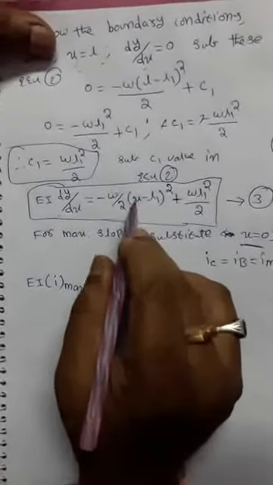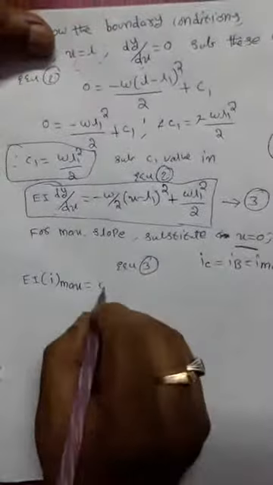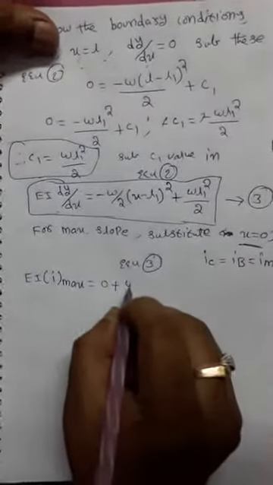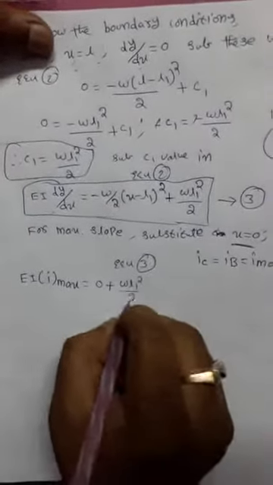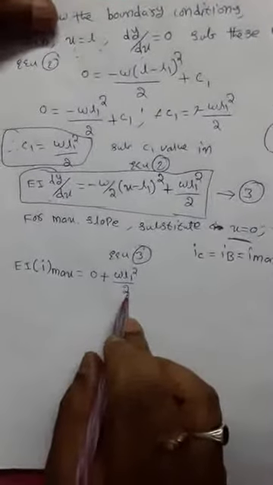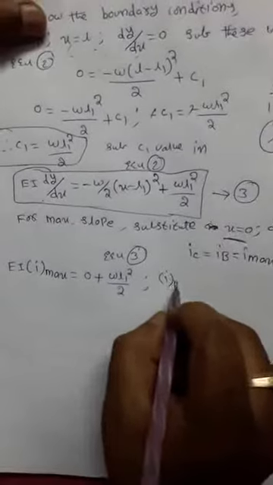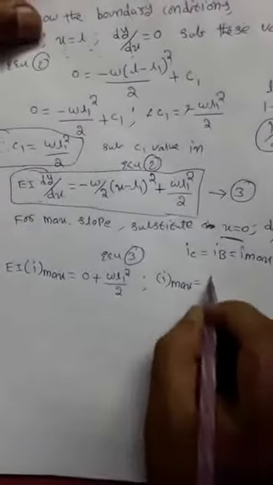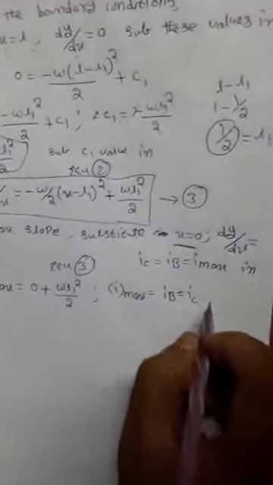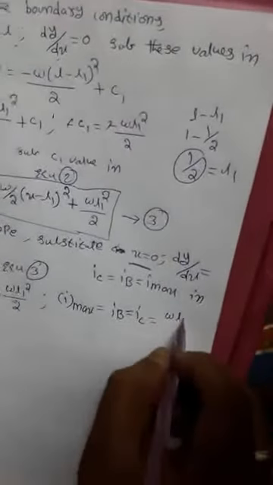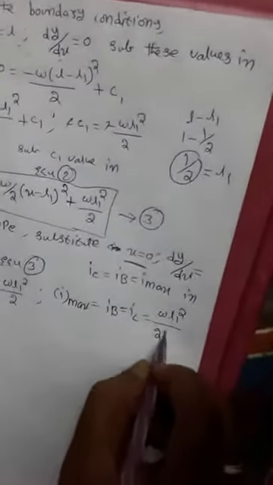So 0 into anything is 0. The remaining value is w L1 square by 2. So after getting these values, θmax or θB or θC equals w L1 square by 2 EI.